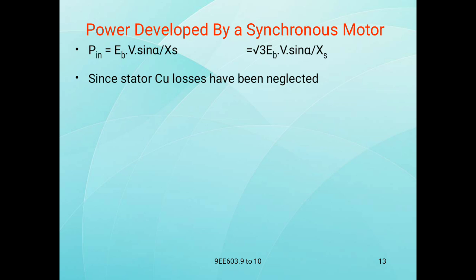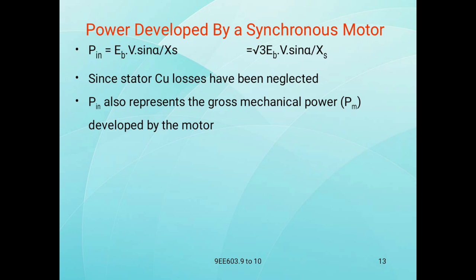Here, this is for the three phase. Since the stator copper losses have been neglected, P input, that means input power, also represents the gross mechanical power developed by the motor.